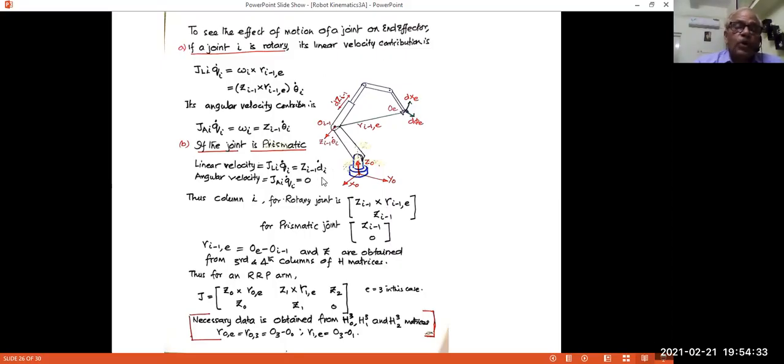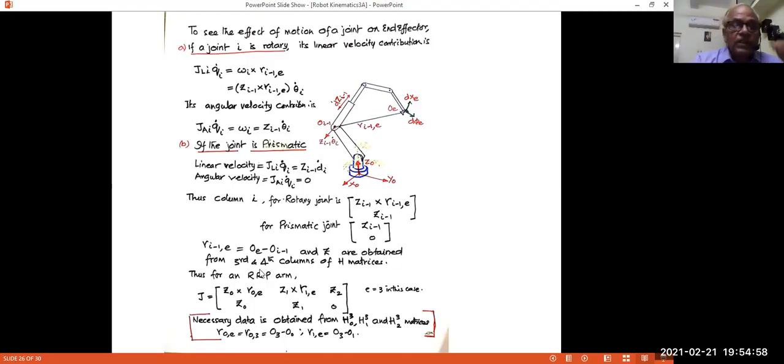So z_(i-1) d_i dot is the linear velocity. And what is the angular velocity? Because there is no rotation here, the frame is simply moving parallel. So that is 0. So for a prismatic joint, the column will be z_(i-1) on top, the top 3, and 0, 0, 0 at the bottom.